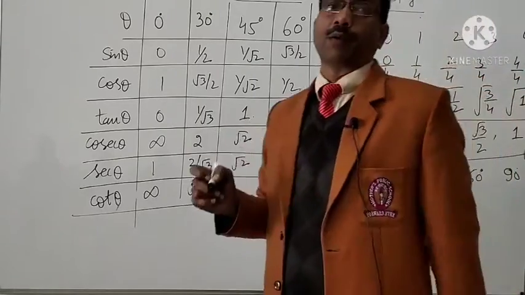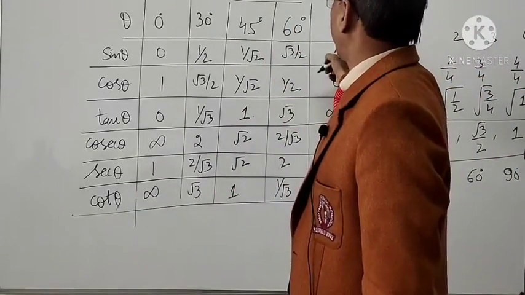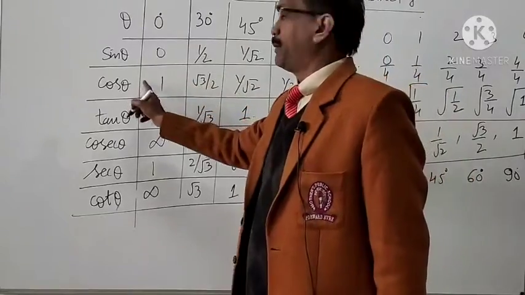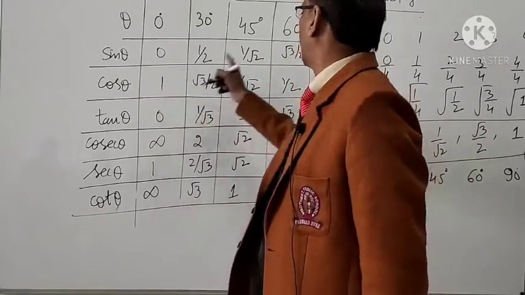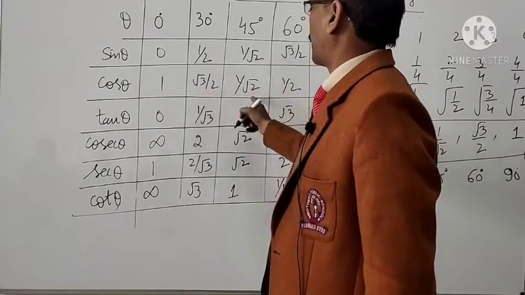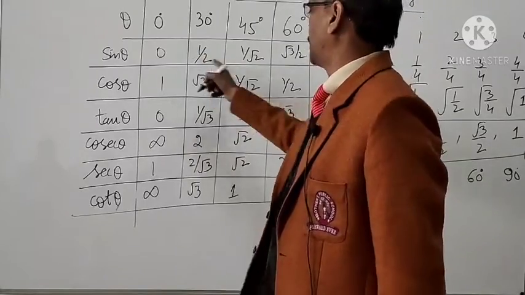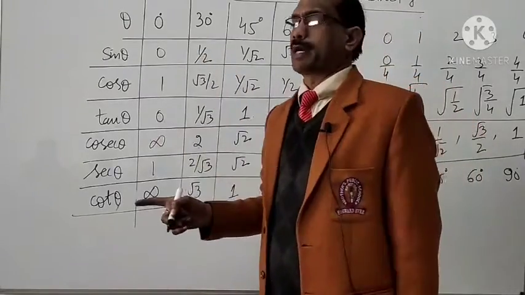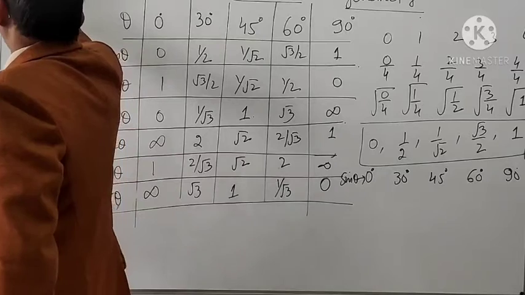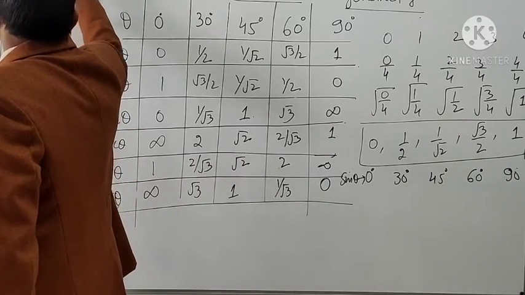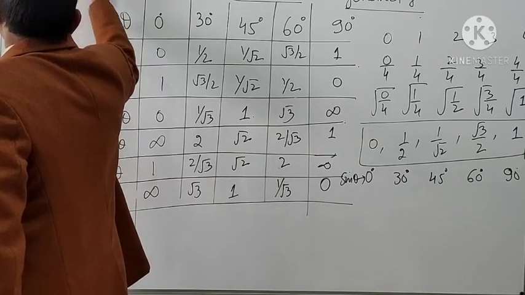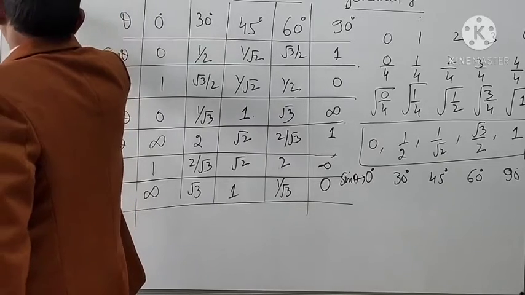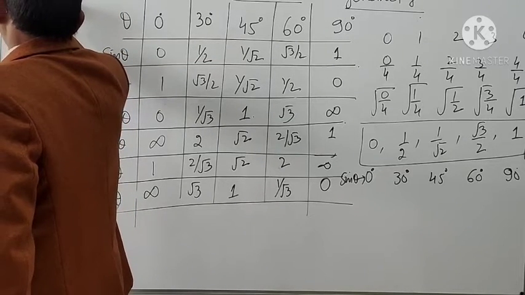Then to learn the value of cos theta, we will change the order of the table. So first we write 1, then root 3 by 2, 1 upon root 2, 1 by 2, then 0. To find the value of tan theta, there is a formula: tan theta equals sin theta upon cos theta. And cot theta is the reciprocal of tan theta.